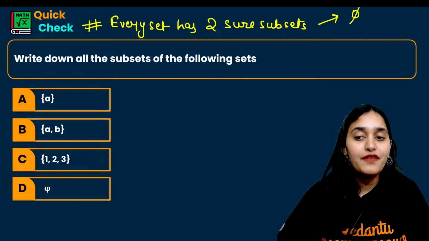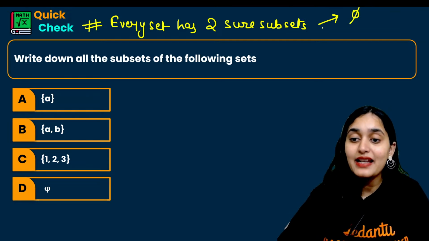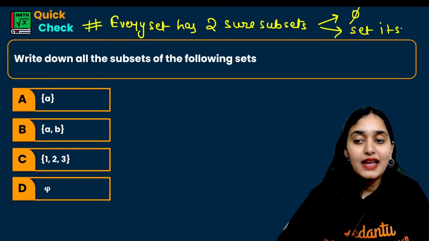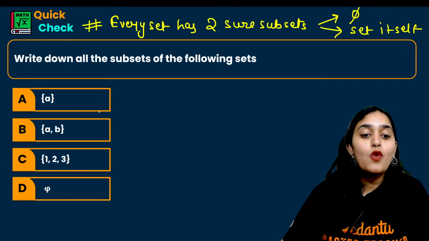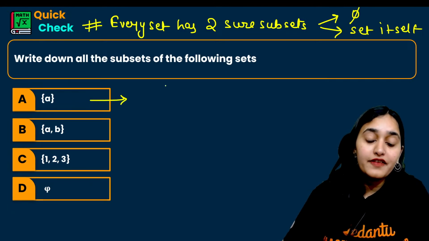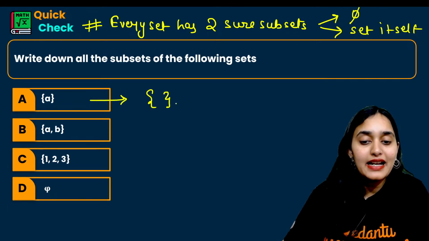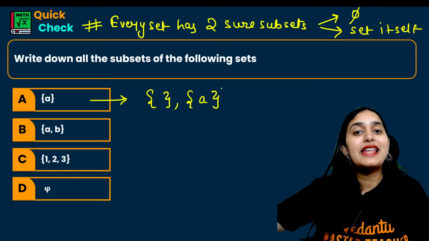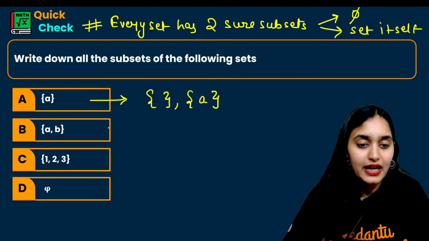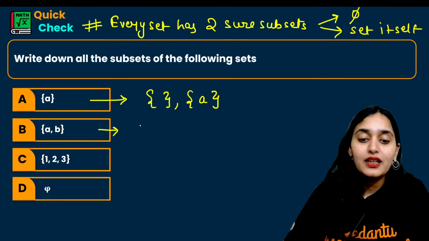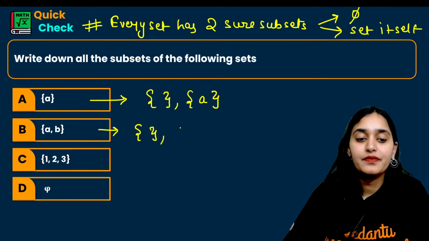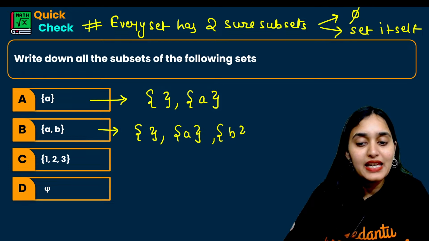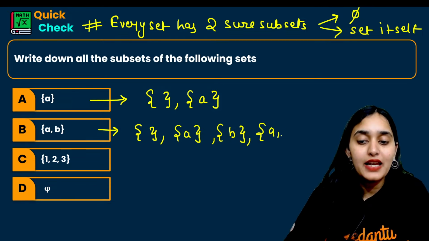One is phi, that is the empty set, and the other is the set itself. So the null set and the set itself are subsets of a given set. Similarly, for AB, it will be the null set, set of A, set of B, and set of AB.